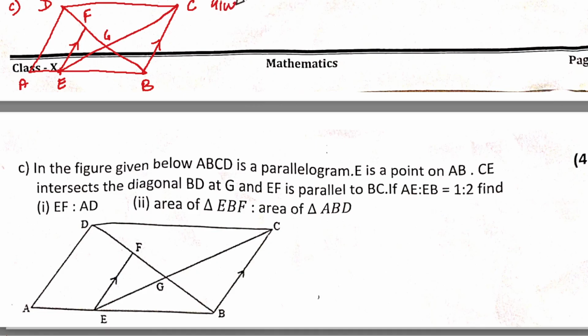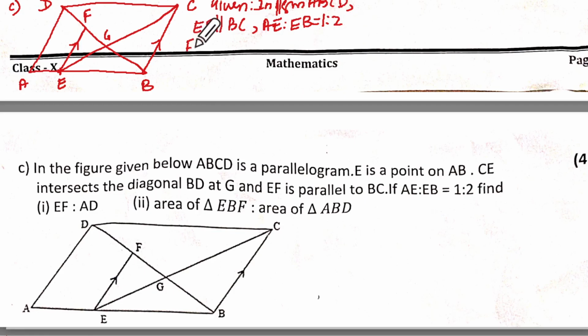So in our given, we'll say in parallelogram ABCD, EF is parallel to BC and AE is to EB is equal to 1:2.